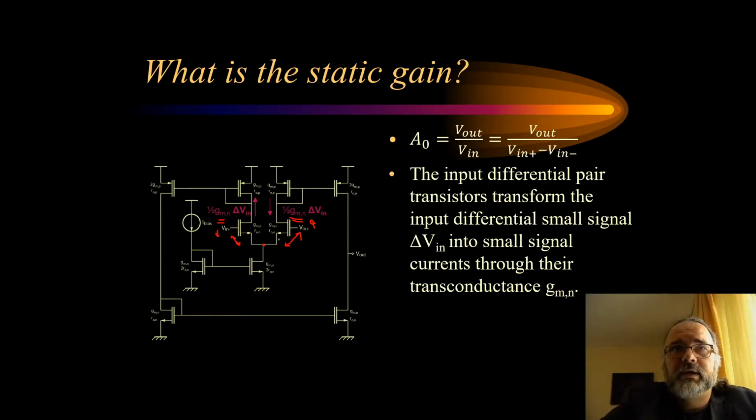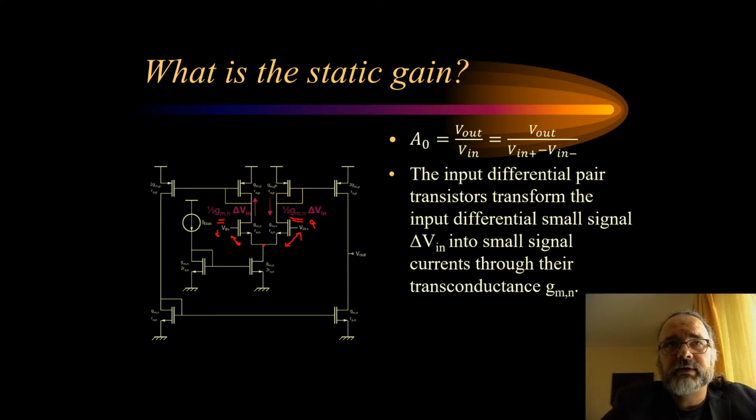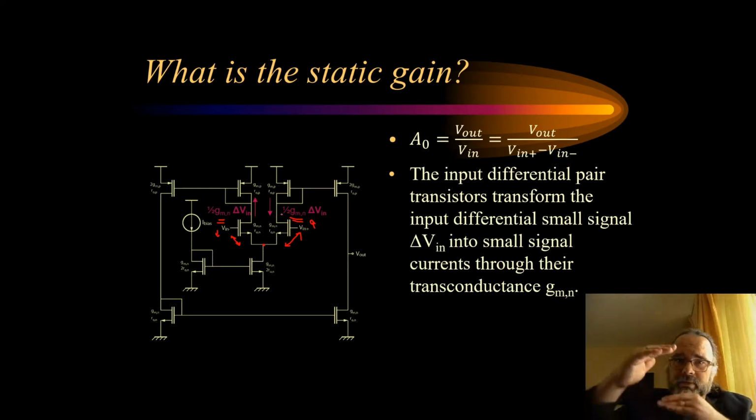VGS. This means that starting from the bias conditions, the bias currents as they flow, this current flowing in this direction will get a little bit bigger because this VGS is bigger, and this current starting from the biasing condition, half I bias, will get a little bit smaller. So this is the reason why I drew it in the opposite direction.